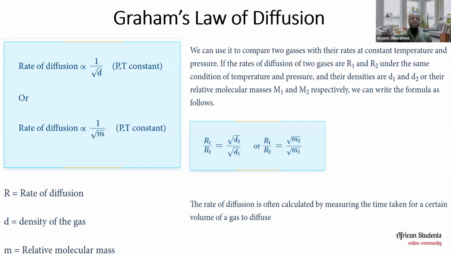So R is the rate of diffusion, D is the density of the gas, and then M is the relative molecular mass.